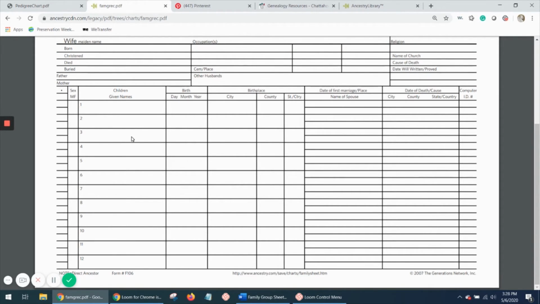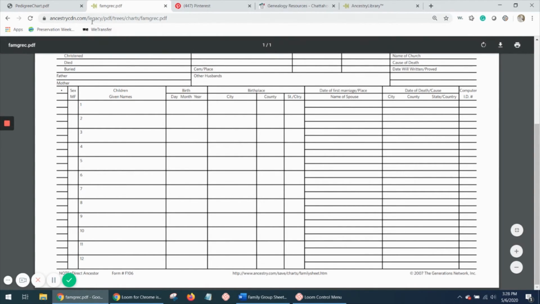Be sure and include those children who may have been stillborn or anyone that there is some sort of record. Continue with the day, month, and year, city, county, and state. And you have room over here for where they were married, what their spouse's name, date of death, place of death, things like that.